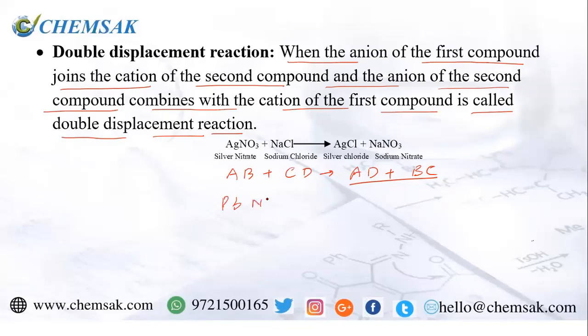Lead nitrate reacts with potassium iodide, then we get lead iodide PbI2 and KNO3. For the balancing, we can use twice KI here and twice KNO3. So this is a double displacement reaction.